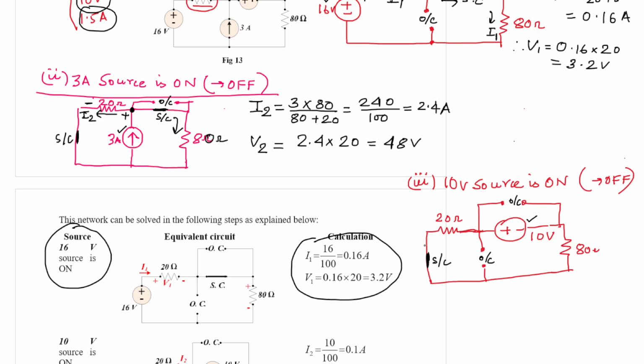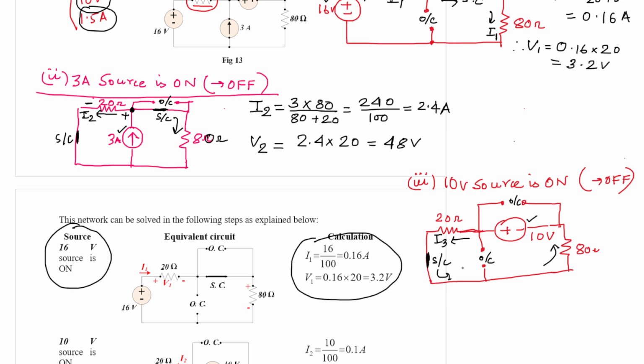So if you carefully analyze this circuit, again it is the same thing. This 10 volt source is connected in series with 20 ohm resistance and 80 ohm resistance. So a current should be flowing in this direction. Let us say that current be I3.